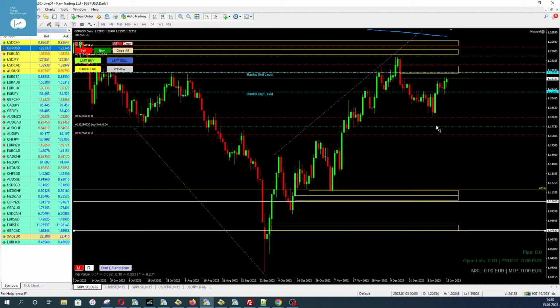So this is the reason for this pending order, and this one is only because I think it's not done here. We have two supply zones. It should give one more reaction here. But this one is of course riskier because it already reacted here and it missed this entry a bit. So it depends if you want to go with such risky trades.